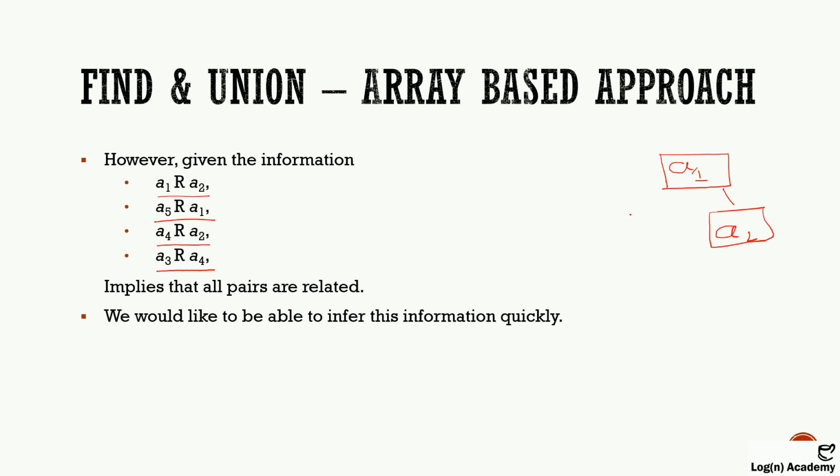Now A5 is also related to A1, so let's say A5 is related to A1. A4 is related to A2, this is A4, and A3 is related to A4. So this is the relation we created.